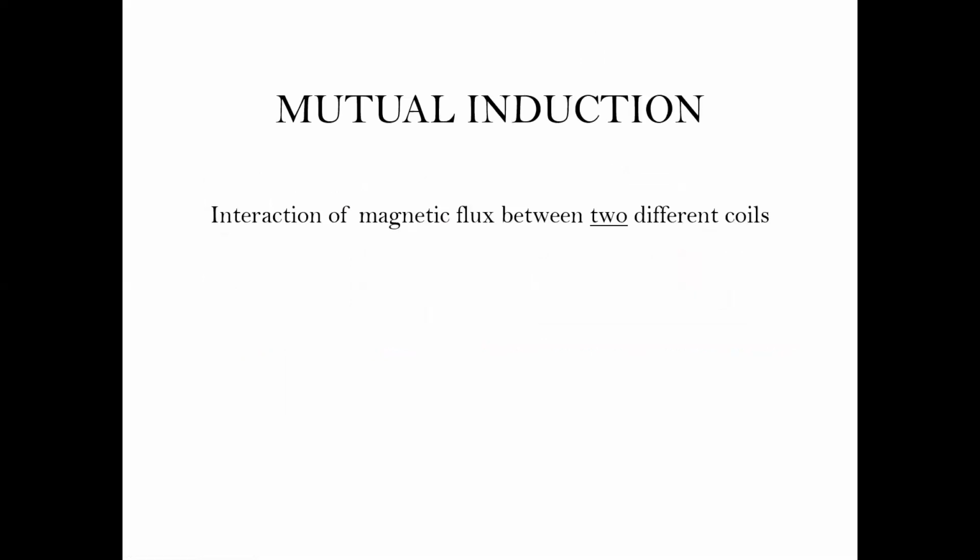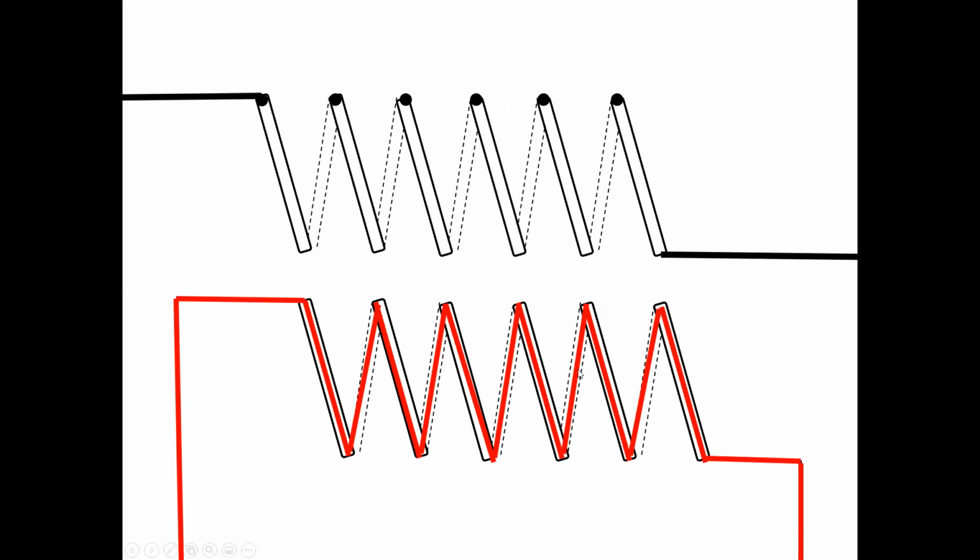Mutual induction. Well, let's take a look now at what happens when we have two different coils of wire. So remember, we've looked at this. This is the initial coil and we know it has inductance. What if we had a second coil right beside it?